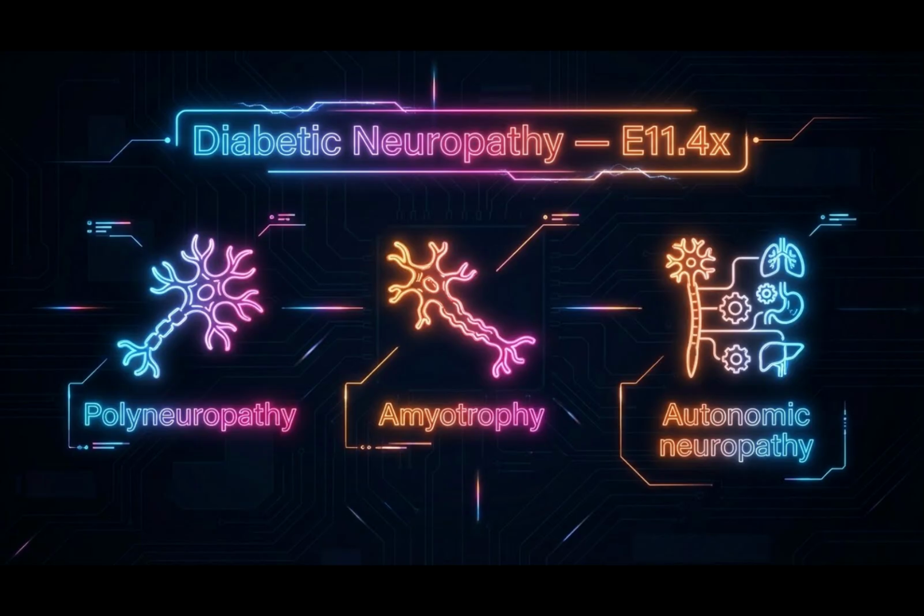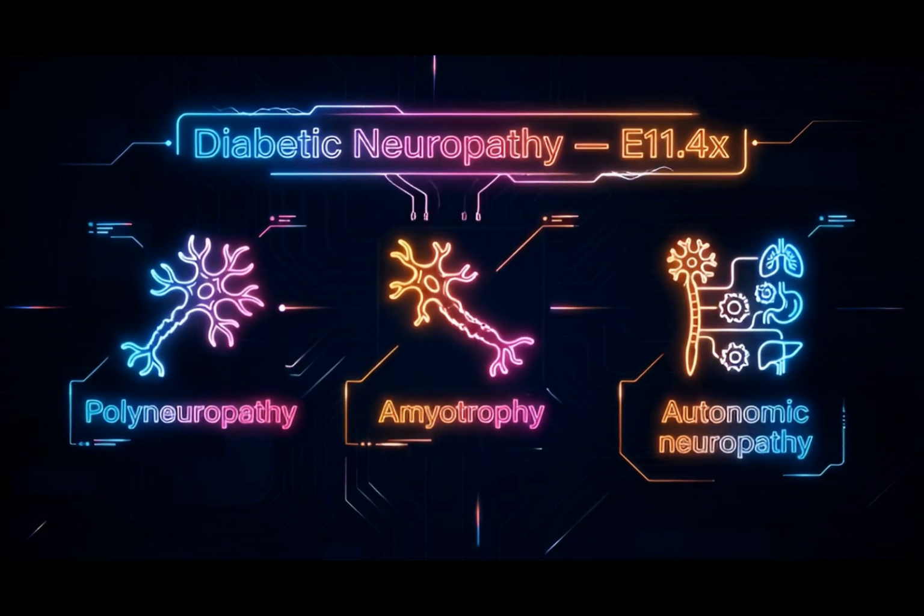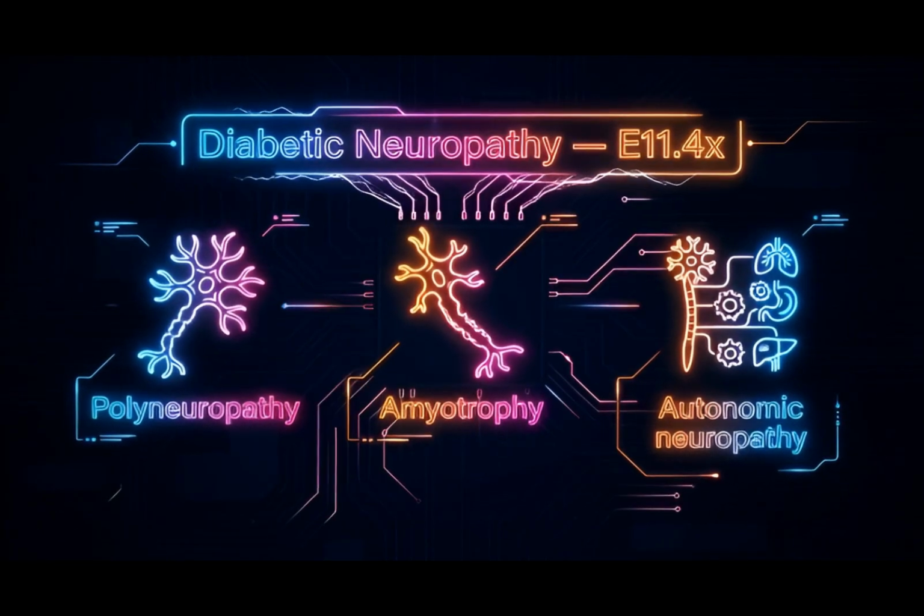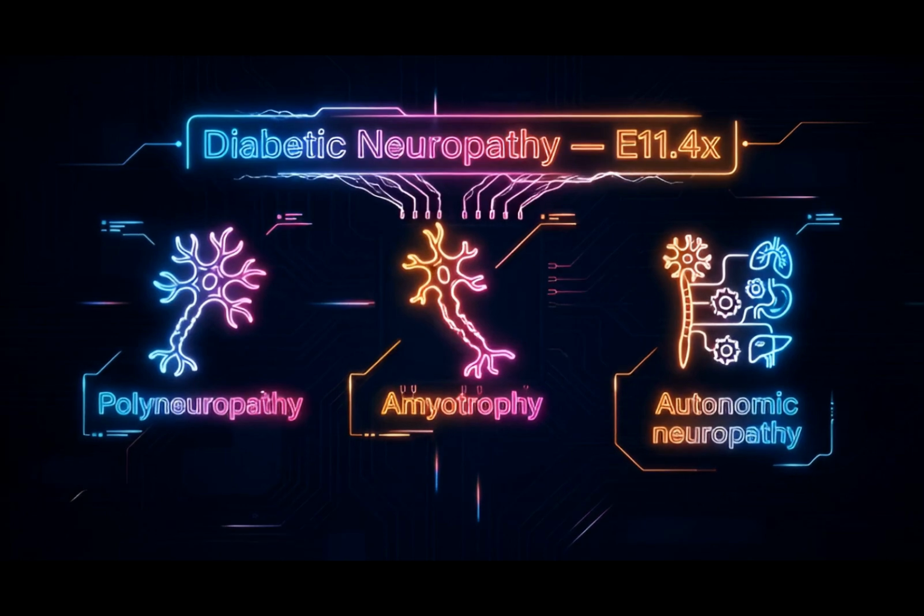Diabetic neuropathy, coded as E11.4X. This category captures nerve damage caused by diabetes and includes 3 major types. Polyneuropathy, coded as E11.42, the most common form, affecting multiple peripheral nerves.